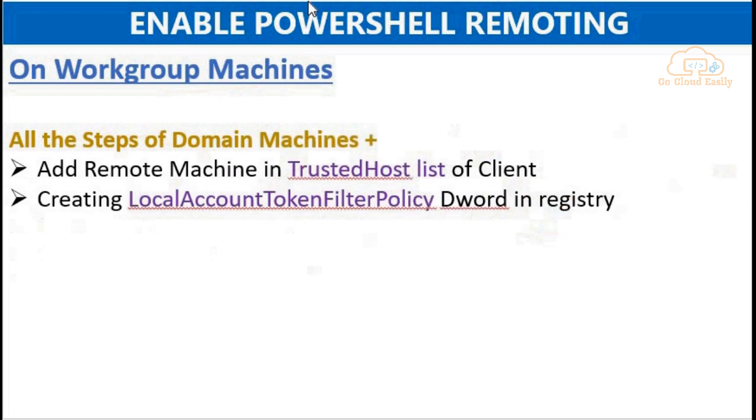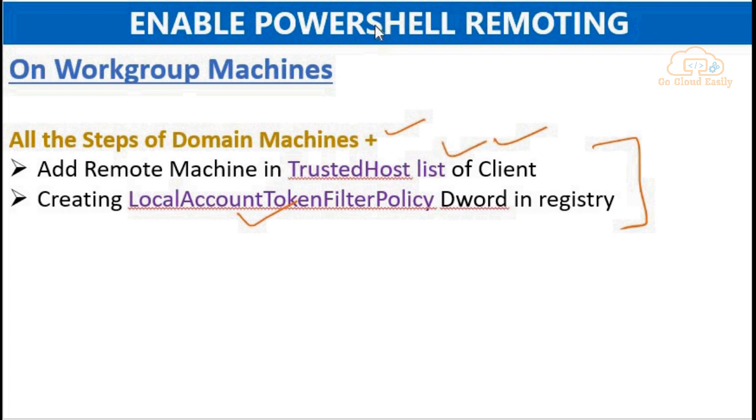In case of workgroup machines, we have to run the command that we have already seen in our previous slide. Apart from that, we have to do two more activities. First, we have to add the remote machine in the trusted host list of the client machine, right? So basically it's a kind of remoting configuration. And the next one is, we have to create a registry entry with this keyword, LocalAccountTokenFilterPolicy. We will see in just a few minutes how we can perform these steps using PowerShell only.